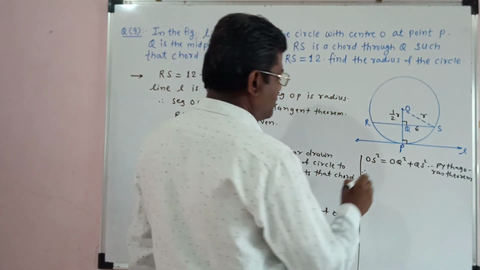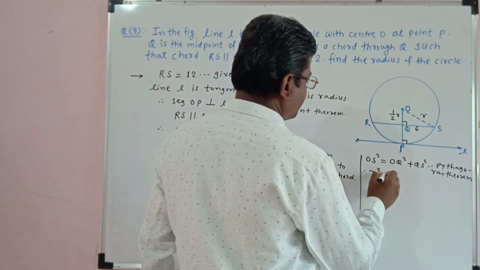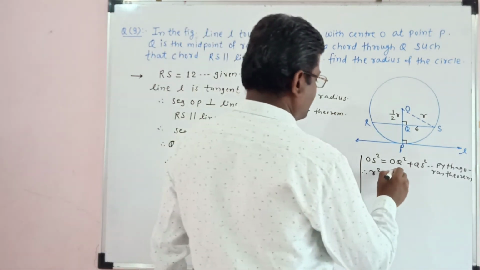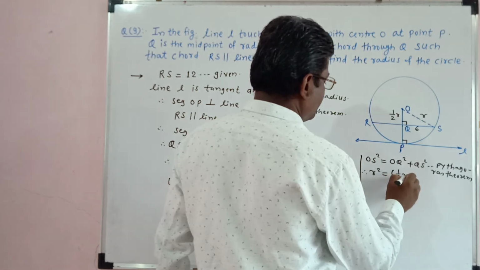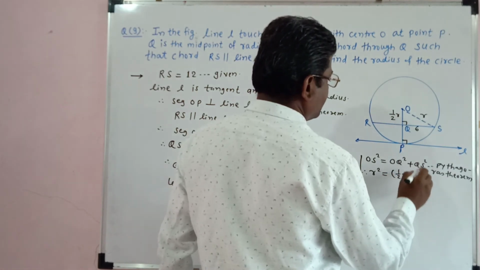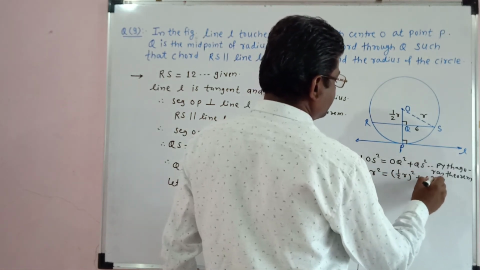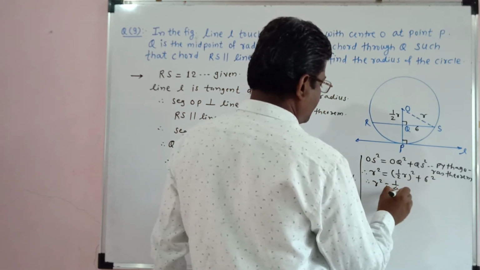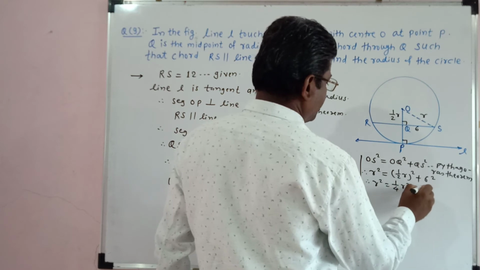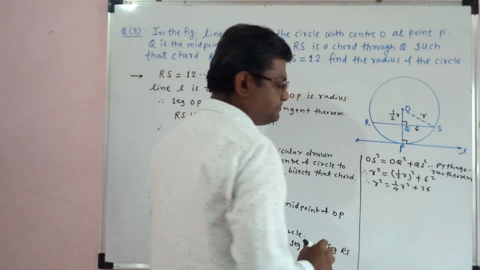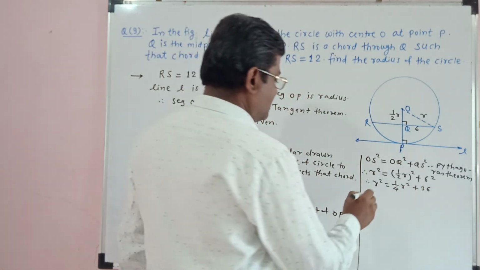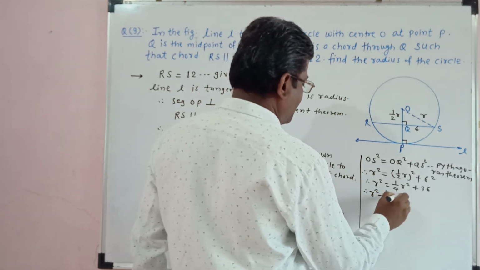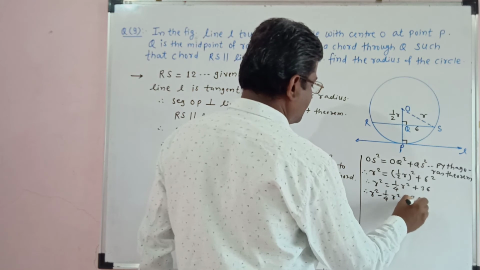Therefore OS is R, square of R is R square, is equal to OQ, 1 upon 2 into R, square, plus QS, which is 6, square. Therefore R square is equal to 1 upon 4 R square plus 36. Therefore R square minus 1 upon 4 R square is equal to 36.